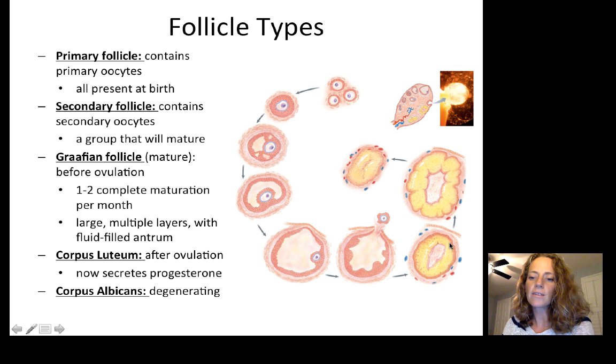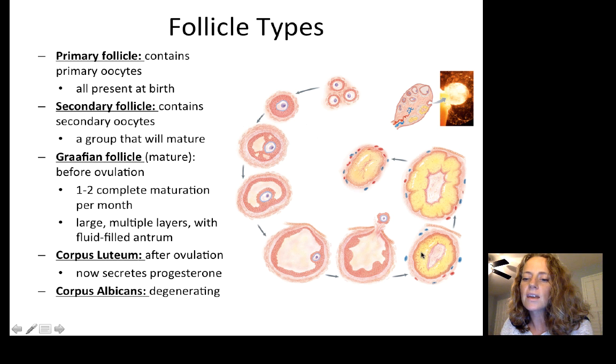So we've kind of drawn them, but now I want to show you the pretty pictures. We have the primary follicle, which contains a primary oocyte. We have a secondary follicle, and another secondary follicle in a later stage, which contains a secondary oocyte. We then have mature follicles, which still contain secondary oocytes. That secondary oocyte will be ovulated, given the right signals, and the follicle will stay behind and become this yellow structure called the corpus luteum.